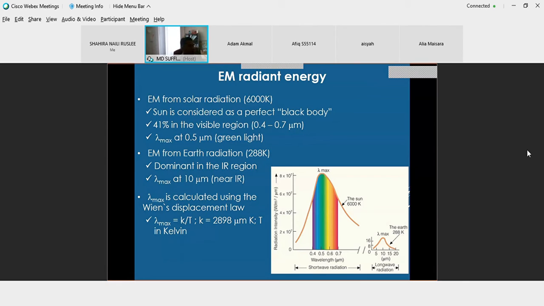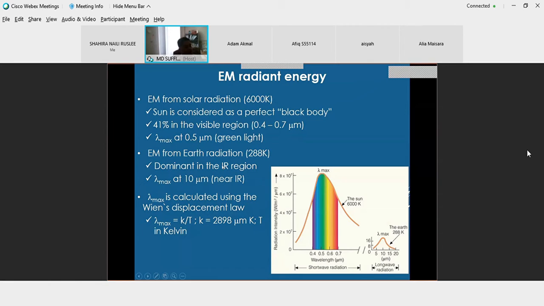And then from the Earth surface, so our Earth is also a black body, so it will emit radiation, and we know that radiation depends on the object's temperature. So our Earth will emit radiation at about 10 micrometer, ataupun near infrared lah.